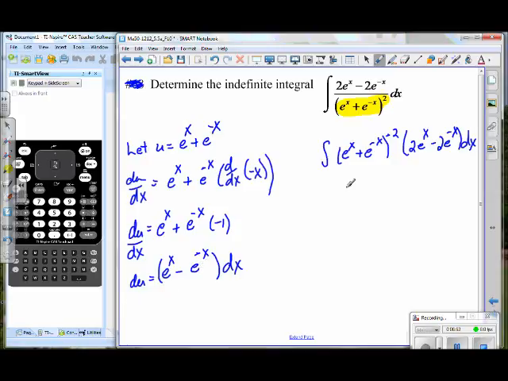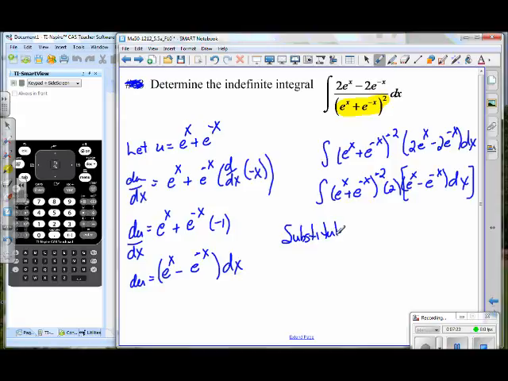And so I'm going to do one more rewrite: e to the x plus e to the opposite of x, to the -2, and I'm going to factor out a 2 from here, and that gives me then e to the x minus e to the opposite of x dx. And now if I take a look at that, I'll see that I have exactly the same thing that I need. So I'm ready to make my first substitution.